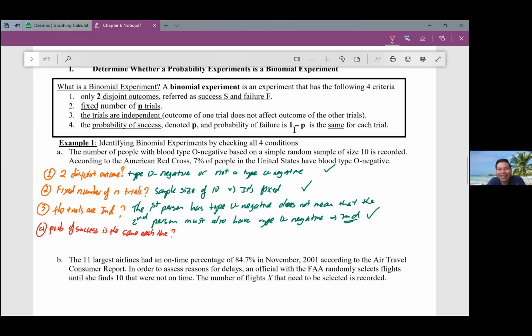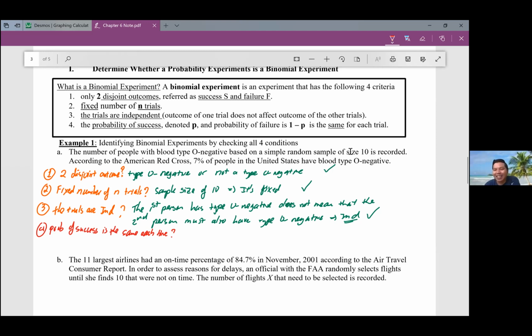Okay, so this is funny. All right. So I have a 7% chance of having type O negative. Matthew is the outlier, so don't count him. Grayson will have a 7% chance of type O negative, Aaron will have 7%, and Walter will have a 7% chance of getting type O negative, right? Assuming that we don't know our blood type yet. So therefore, the probability of success will be the same at each trial. So for now I should not pick Matthew to be in this experiment.